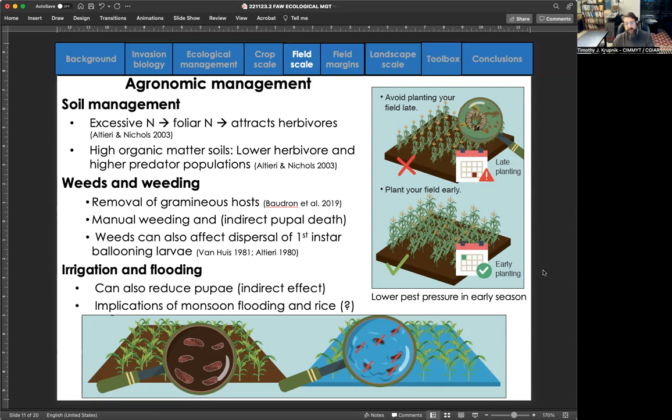Lastly, I'd like to think about irrigation and flooding. There has been work that has pointed out that irrigation can potentially be utilized, in irrigated systems within South and Southeast Asia. If you flood a field, that can essentially physically drown and cause mortality for pupating larvae.